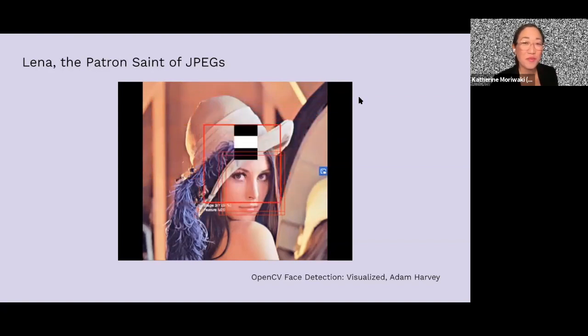So anytime within the image processing field, people were processing an image or looking at algorithms to render images, more often than not, they were using this image of Lena Forsen. And so there's this interesting situation here, in which Lena is no longer really seen as a person, but is reduced to basically an artifact, an image.